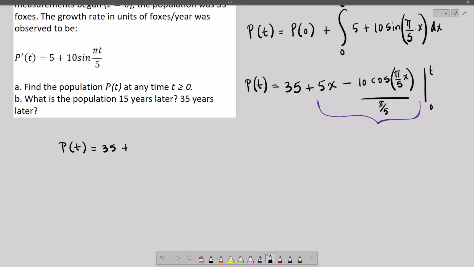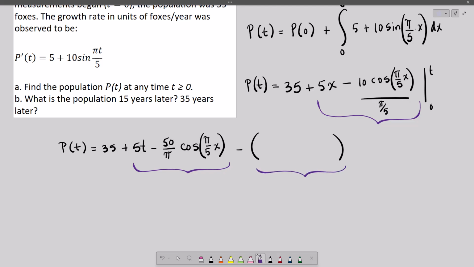So the t goes in and we get 5t minus, dividing here, remember, becomes multiplication, so minus 50 divided by pi, times the cosine of pi over 5 times x. That's the angle. So there is the antiderivative at upper. And then we subtract off the antiderivative at lower.